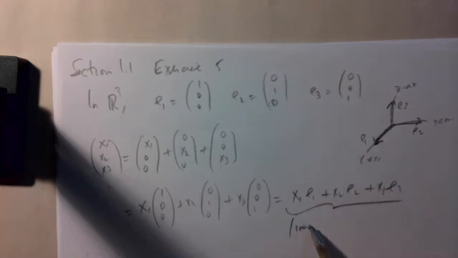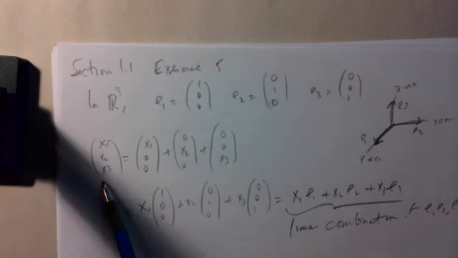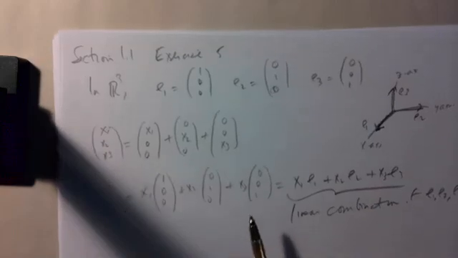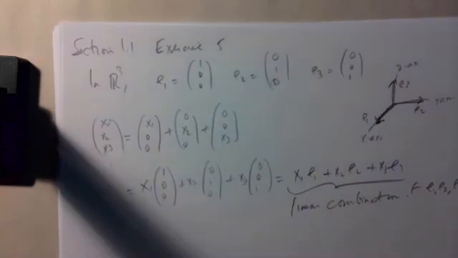So this is a linear combination of e1, e2, e3. So I've expressed this vector as a linear combination. And then I want to show that it's unique. There's no other way to do it.